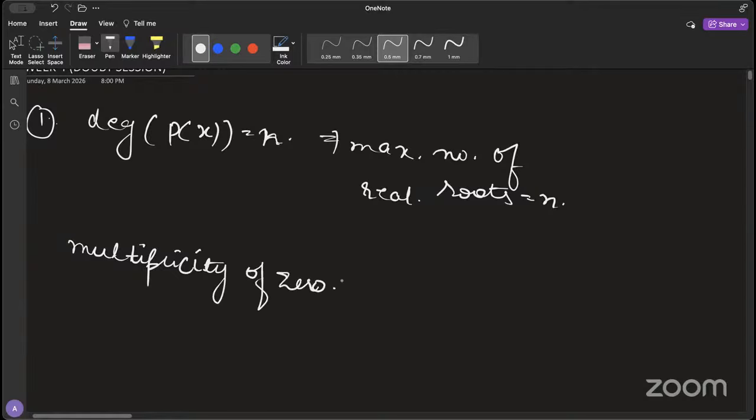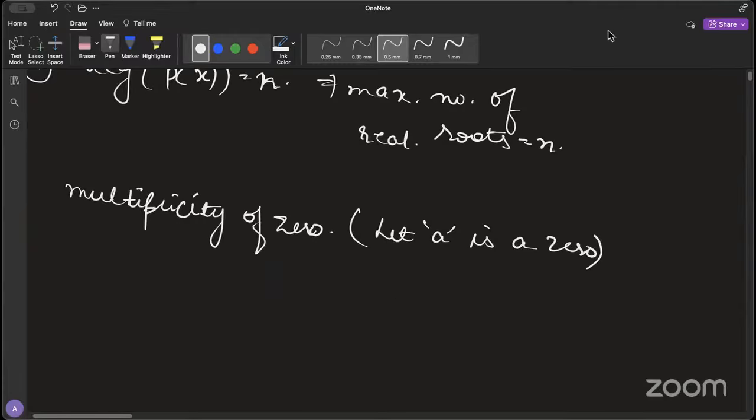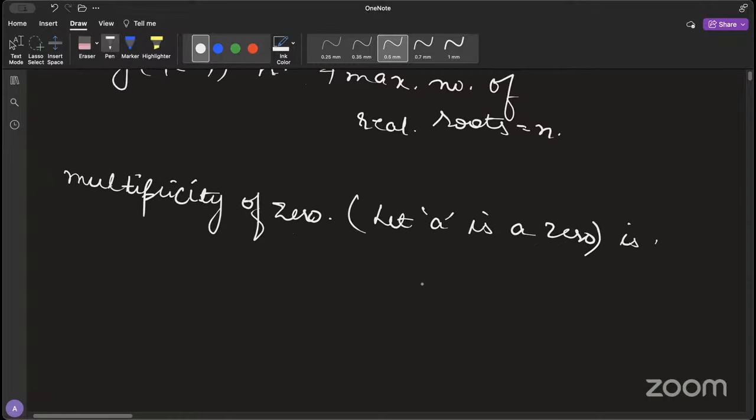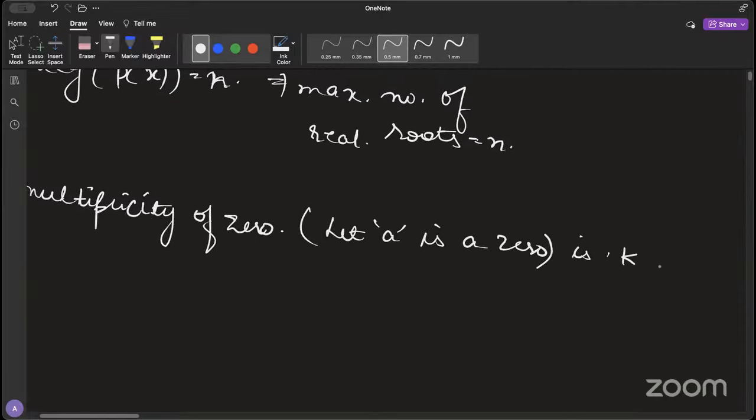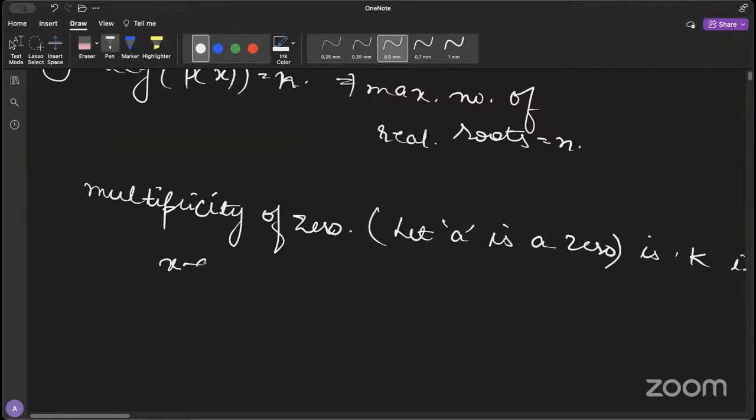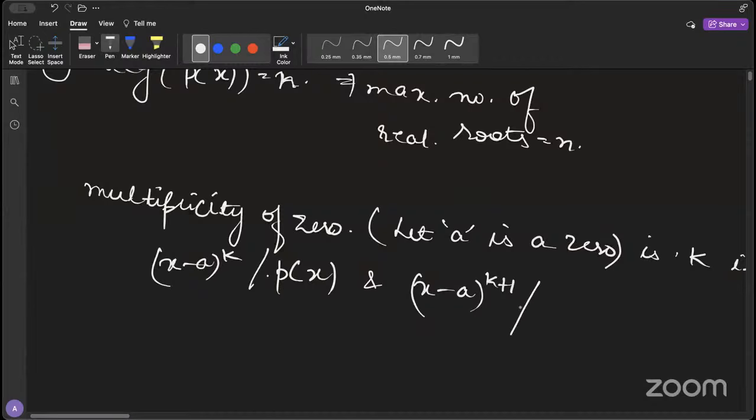So, multiplicity of zeros: let's say a is a zero, then the multiplicity of zero a is k if (x minus a) to the power k divides p(x) and (x minus a) to the power k plus 1 does not divide p(x).